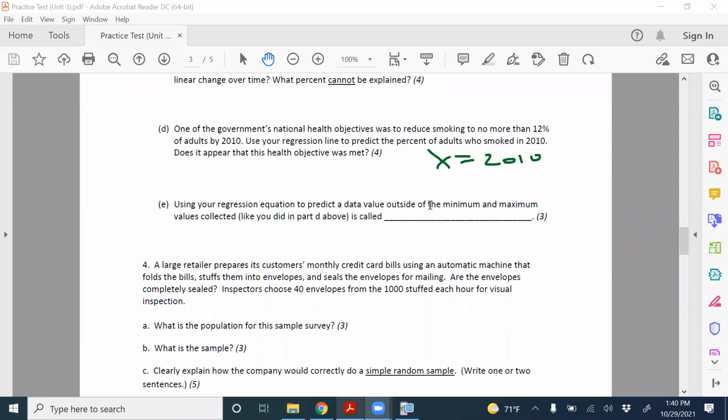Use the regression equation to predict a data value outside the minimum and maximum values. If you do it outside of the minimum maximum values, it's called, oh wait, sorry, no, it's called extrapolation, my bad. I'm not gonna ask that because I didn't really talk about that term with you. That means you're going beyond what the line can do. That's called extrapolation.